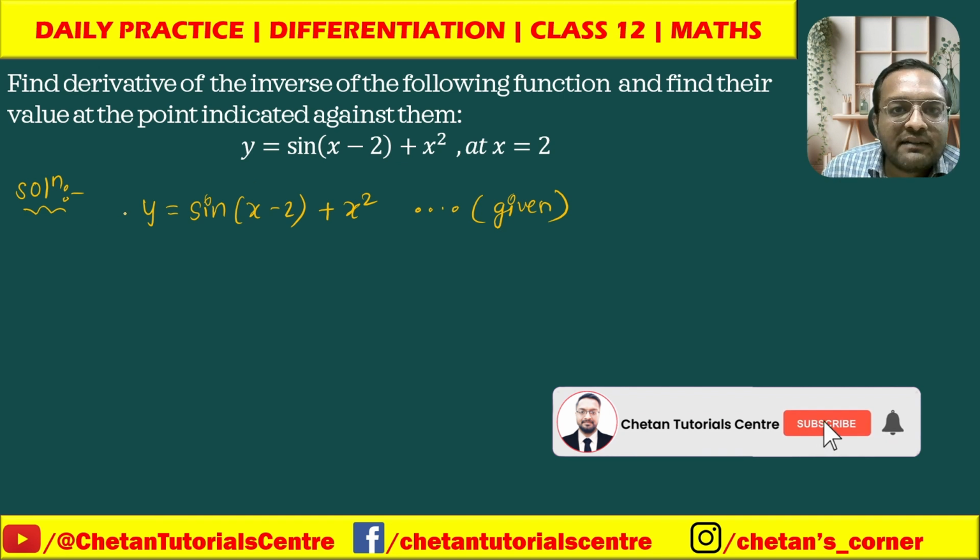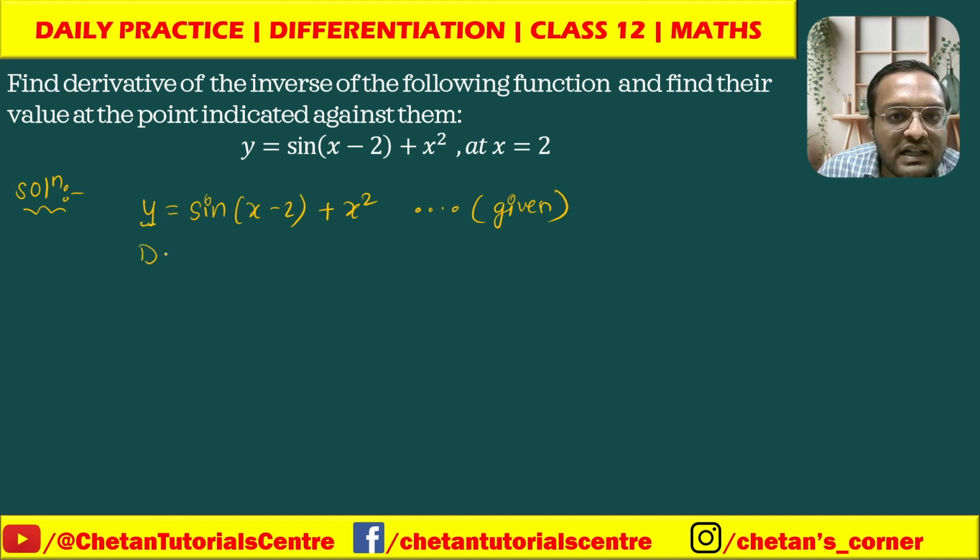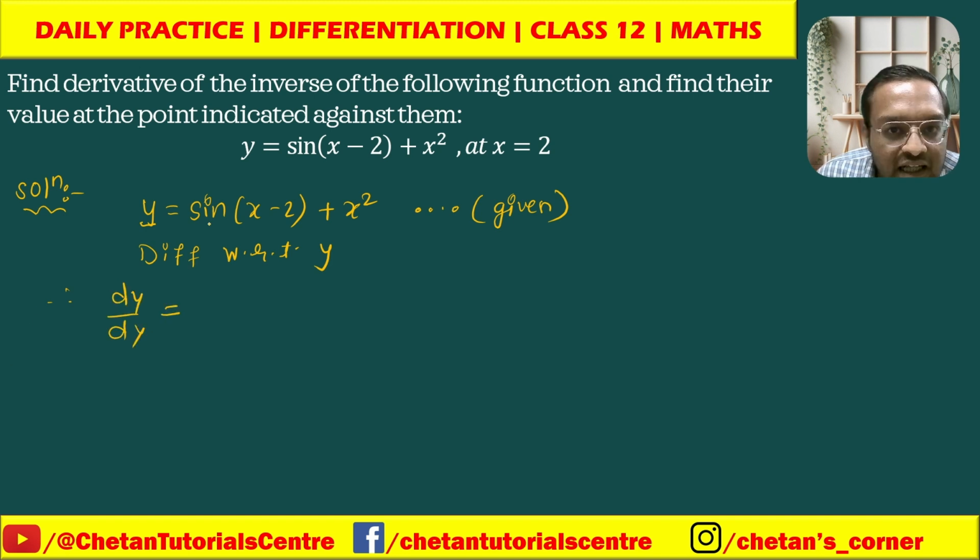Now we have to find derivative of inverse function of this given function. So I will differentiate this given function with respect to y, so that I will get the derivative of its inverse function. Therefore, derivative of y with respect to y is dy by dy. Derivative of sin x minus 2 is cos x minus 2 multiplied by derivative of x minus 2.